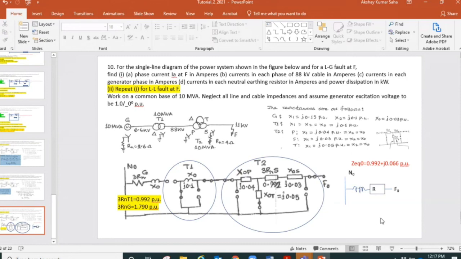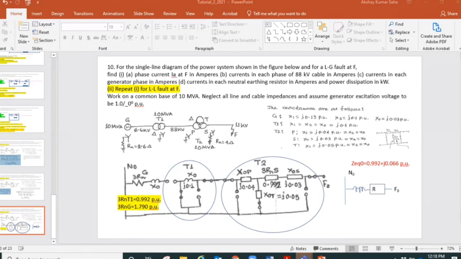Who got it? Tell me so that we can conclude this part, otherwise we cannot continue, because the next step will be the interconnection of sequence networks. I will do that next week. Tell me quickly.